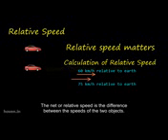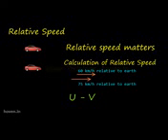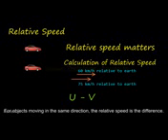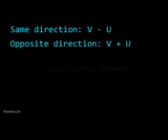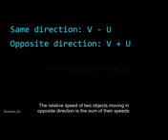The net or relative speed is the difference between the speeds of the two objects. For objects moving in the same direction, the relative speed is the difference. The relative speed of two objects moving in opposite directions is the sum of their speeds.